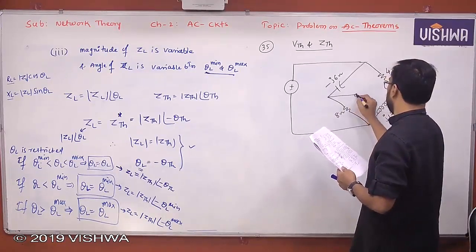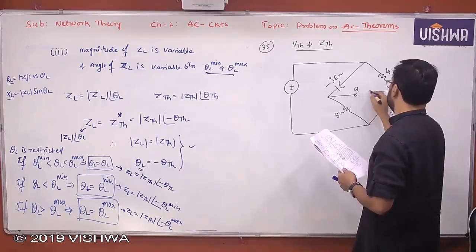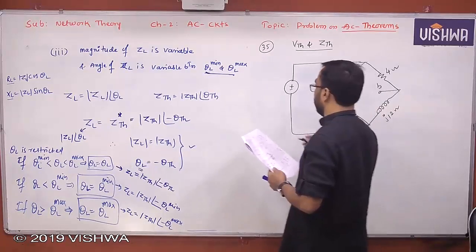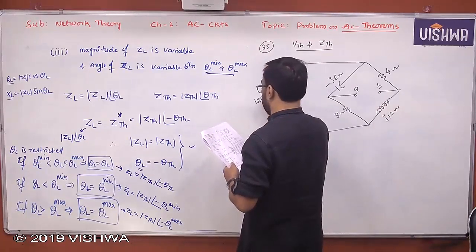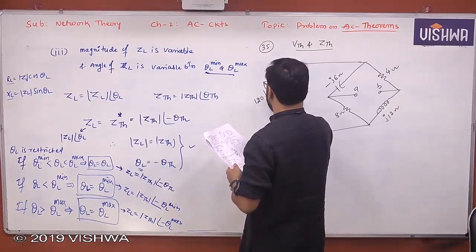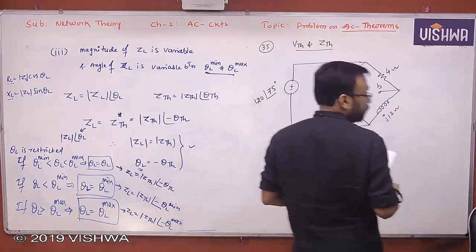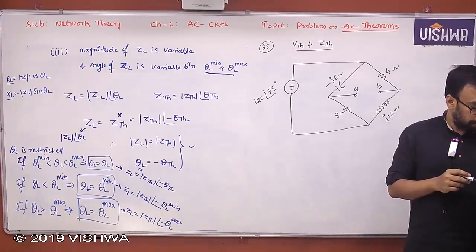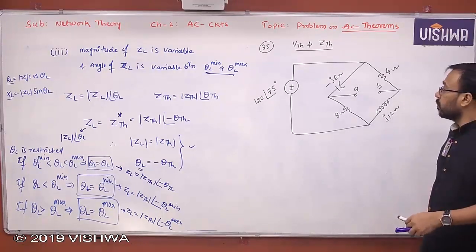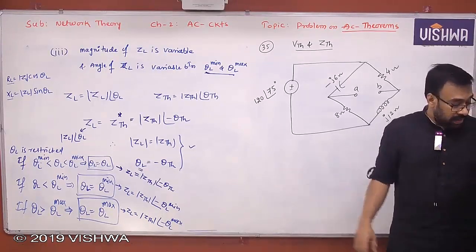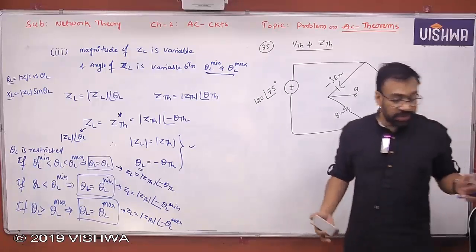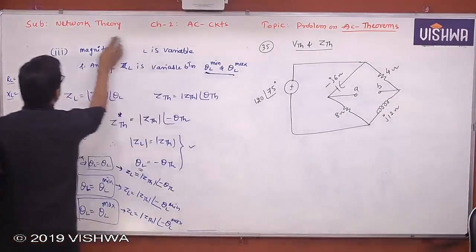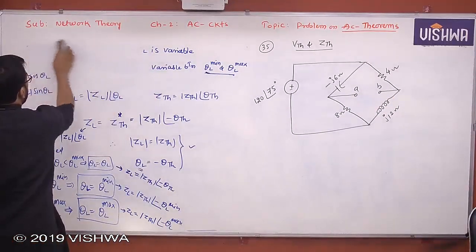Now he's asking what are VTH and ZTH between the AB terminals. So 120 at an angle of 75 degrees. Hope you have done that, right? So go to question number 35. We'll just discuss question number 35 now.